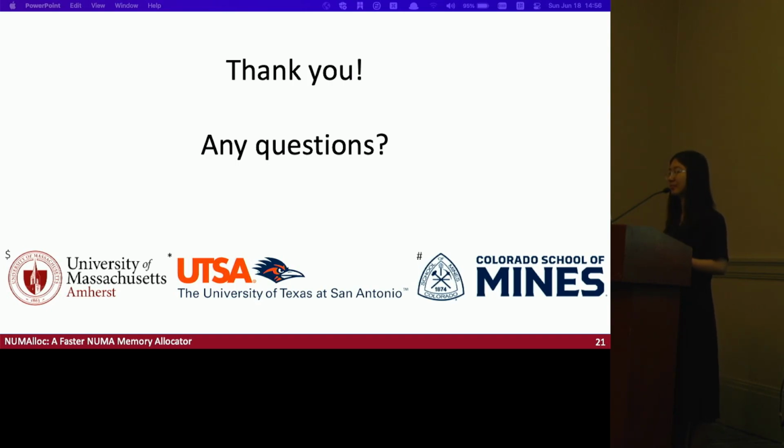I have a different question. NUMA matters if the object is accessed from memory, and not so much if it's accessed from cache. Have you considered filtering objects for consideration, considering only objects that miss in cache?